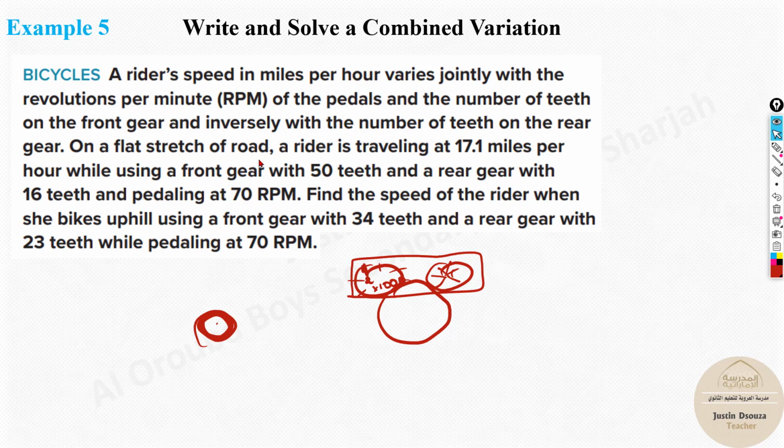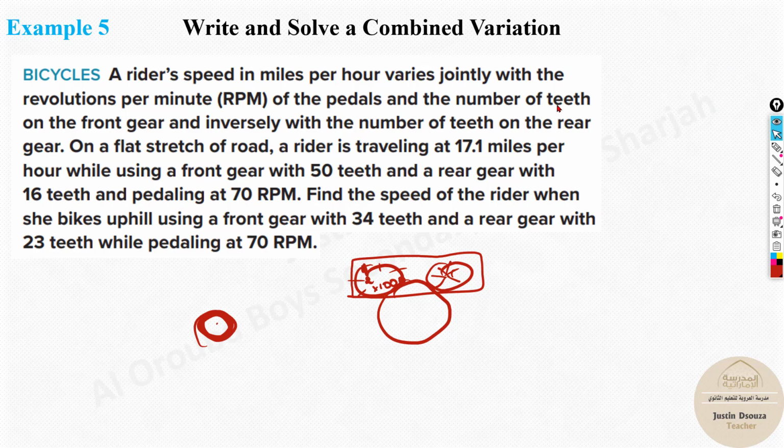On a flat stretch of the road, the rider is traveling. I'll just read it again. They're just telling which is directly varying and which is inversely varying here. It varies jointly, okay, that's good. What is happening inversely? The number of teeth on the rear gear. So you can just look for the important points and solve it directly.